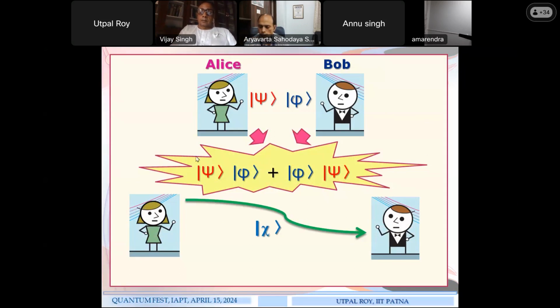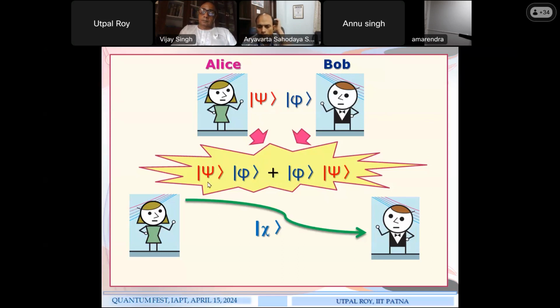So here if you see, the psi state in red color is with Alice, and the blue phi state is with Bob. Now if you have a state psi phi plus phi psi, these are not the product of the state of Alice multiplied by the state of Bob.